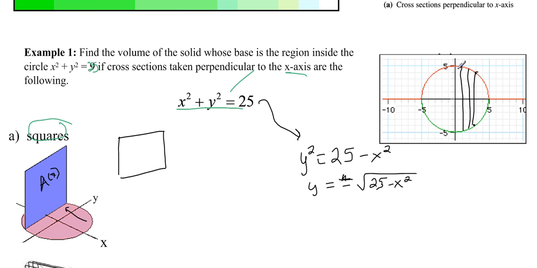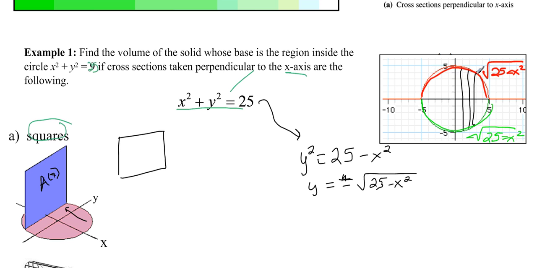So now I know that the top of the circle is represented by the positive square root of 25 minus x squared, and the bottom of the circle is represented by the negative square root of 25 minus x squared.